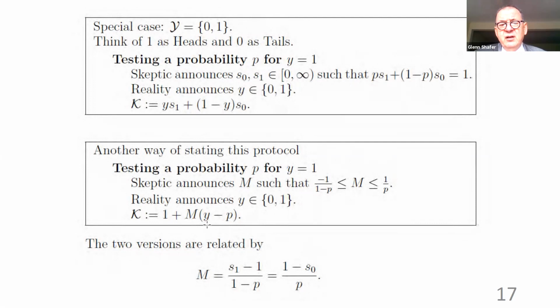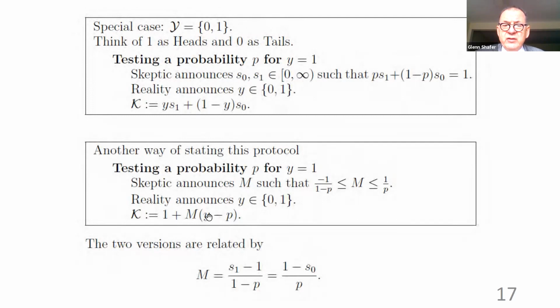You see, here is the outcome minus its probability, and we're getting some multiple of that. If the skeptic chooses M, M can be a negative number or a positive number. If M is positive, then you're betting on heads. You're betting that Y will be 1, because if Y is 1, this quantity, 1 minus P, is positive.